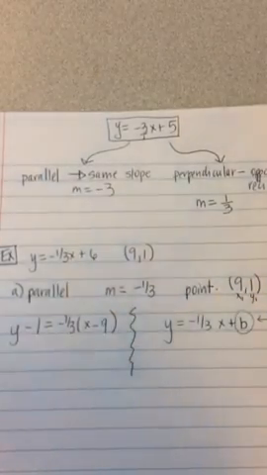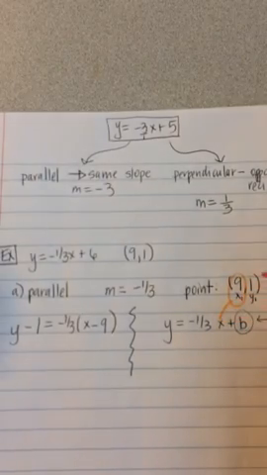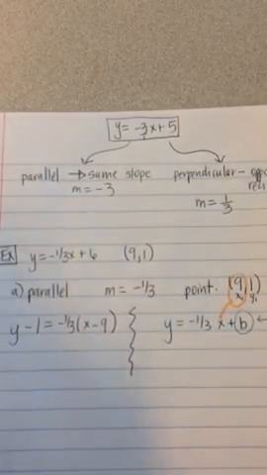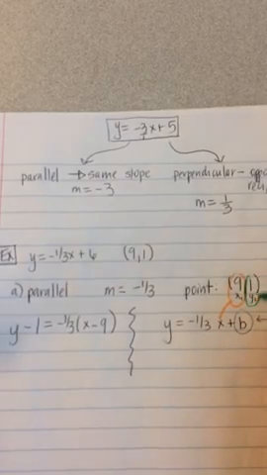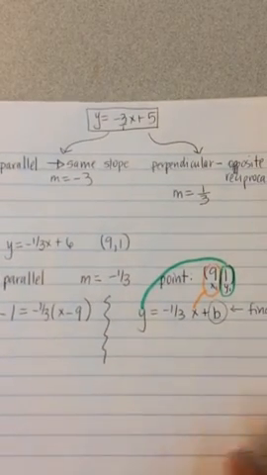So we're going to put the x value that they've given into the x coordinate, and we're going to put the y value that they've given into the y variable. And that's going to help us find the b.